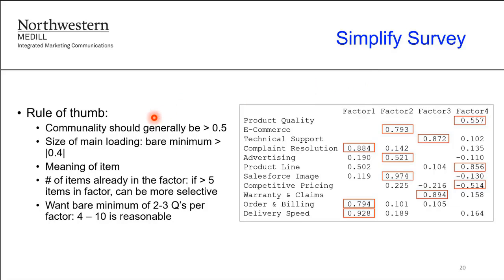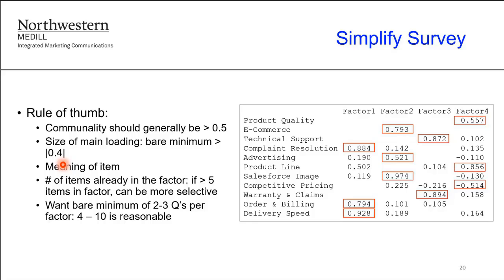So these are the rules of thumb for simplifying surveys, okay? And there are several rules here, and first is the communality rule that I just talked about in the previous slide. If the communality of a certain variable is less than 0.5, we may consider dropping the variable from the survey, okay? And how about the second rule, the size of main loading? If the absolute value of the main loading is greater than 0.4, then we may want to keep that variable.